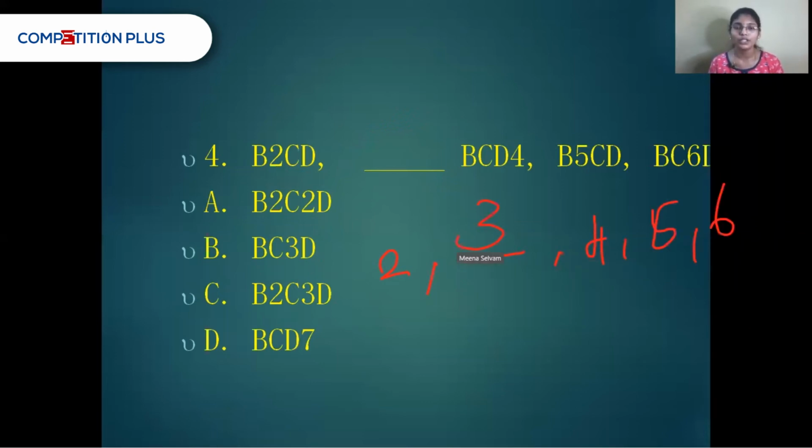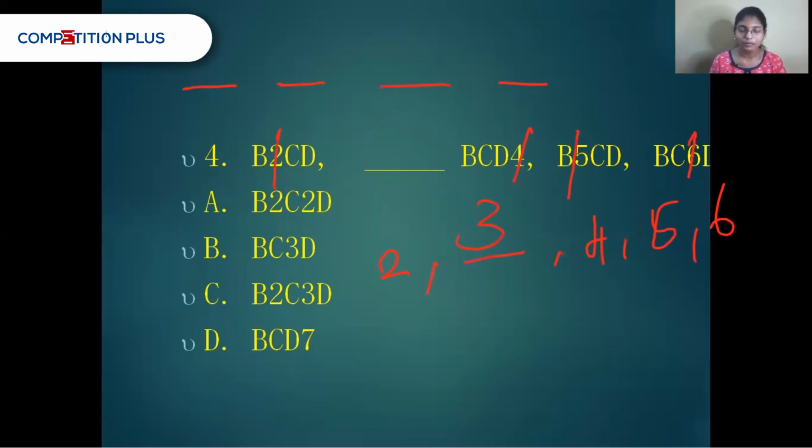Also find out the position of the number, because that matters the most here. Where should the number 3 come? Again, cross check with your question. 2 in the second position, 4 in the last position, 5 in the second position, 6 in the third position. So each term has the number in the next positions.